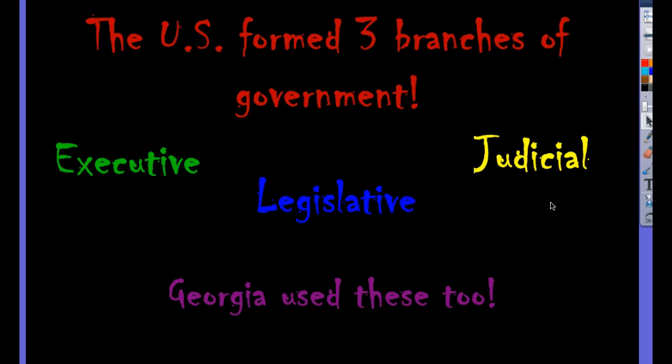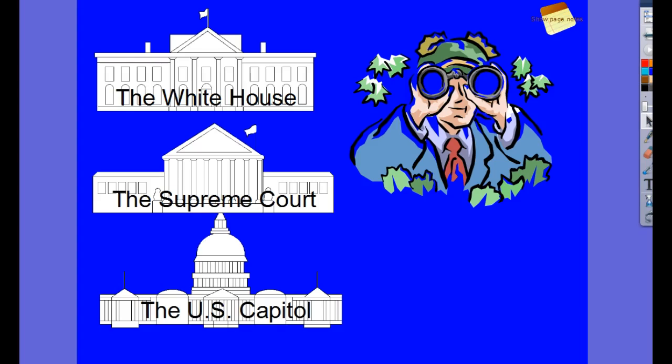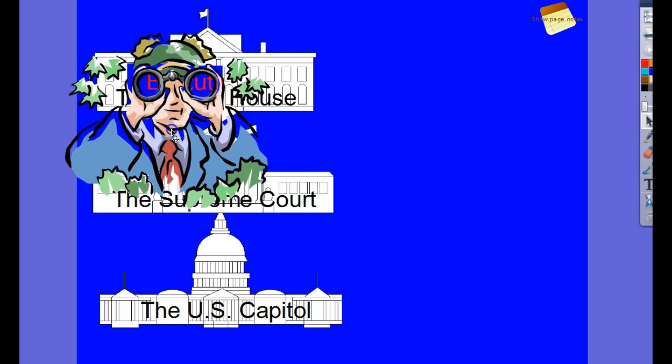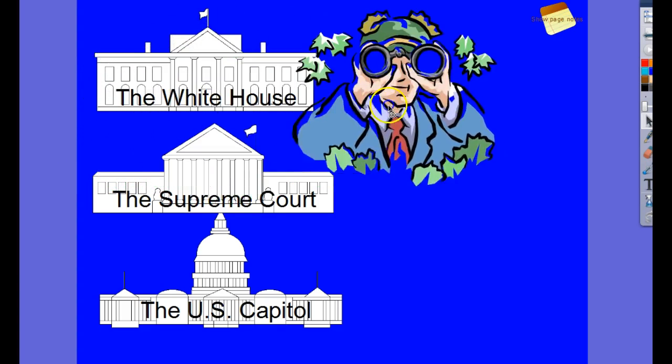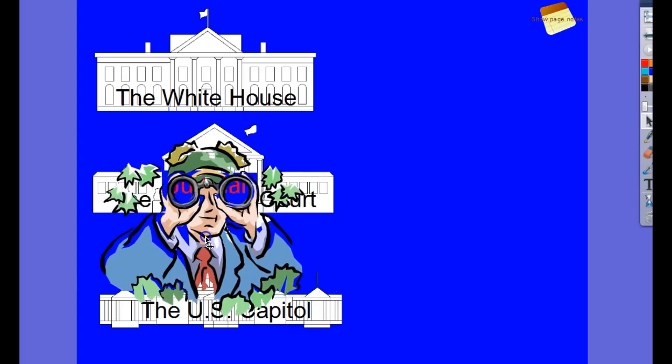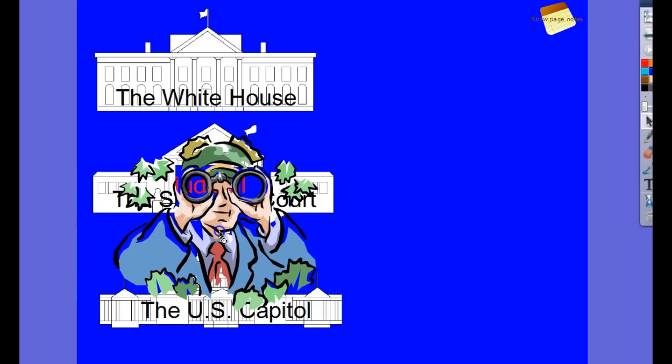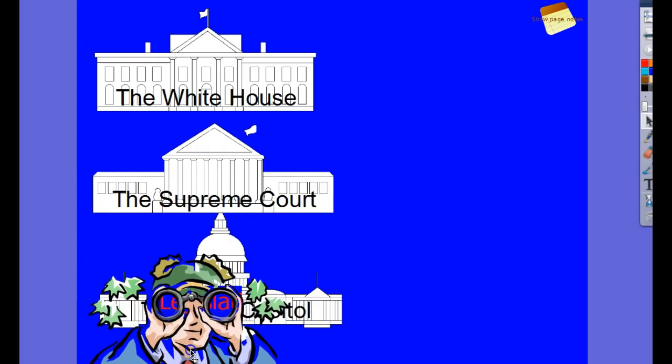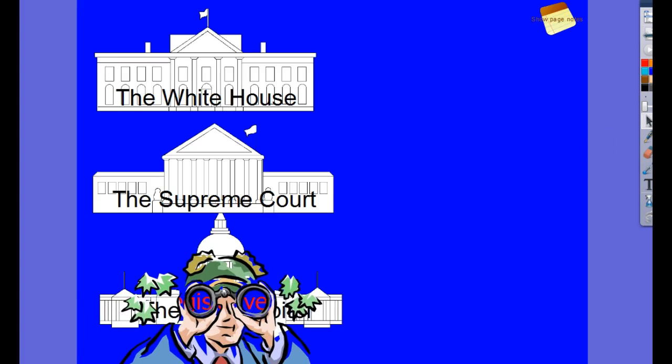The state of Georgia also used these same branches in order to keep things running smoothly. So let's look at the government today. We have the White House, which makes up the executive branch, the Supreme Court, which makes up the judicial branch, and the U.S. Capitol, which makes up the legislative branch.